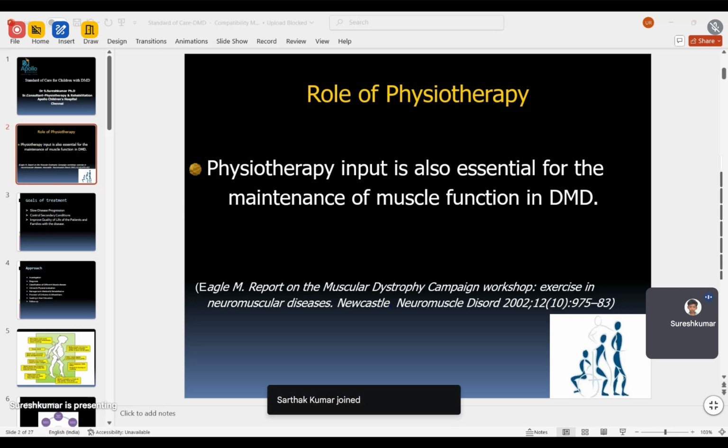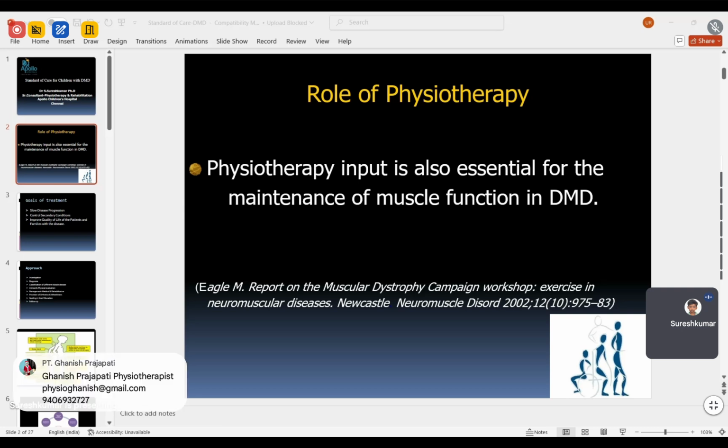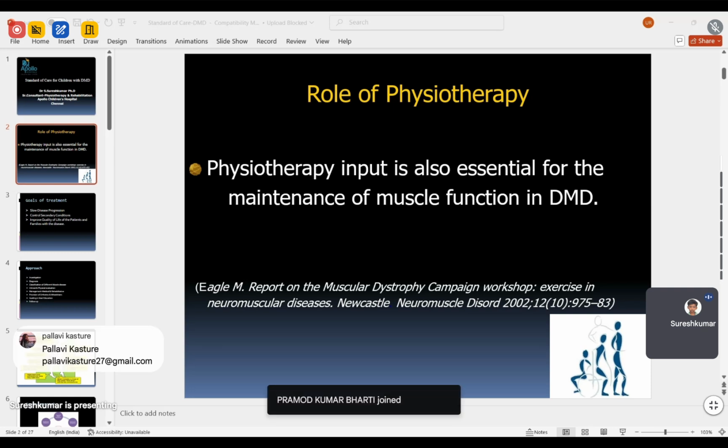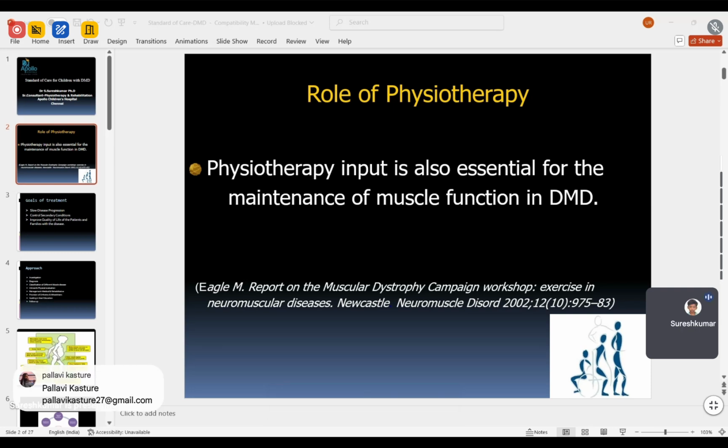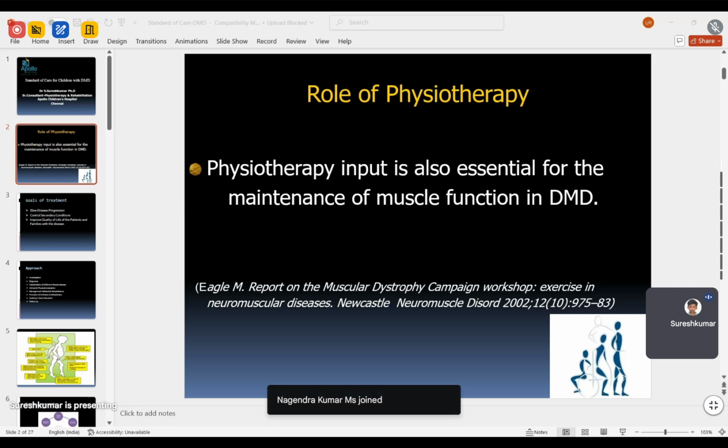But in the case of muscular dystrophy, there is no hematological or diagnostic test available to see the progression of the disease. So the most important thing is that physiotherapeutic evaluation plays a major role. Once any doctor diagnoses a child with Duchenne muscular dystrophy, at the earliest, he refers the child to the physiotherapist.